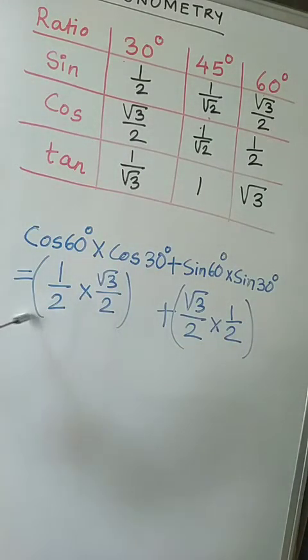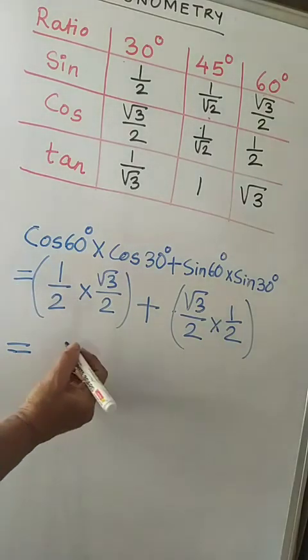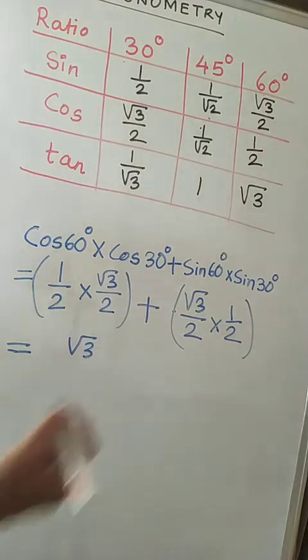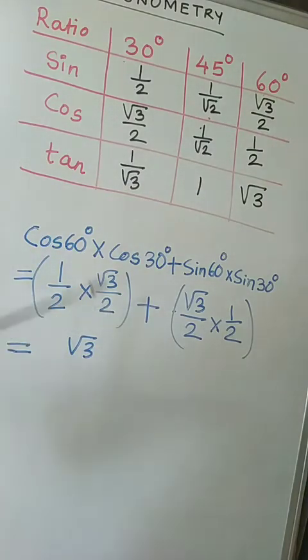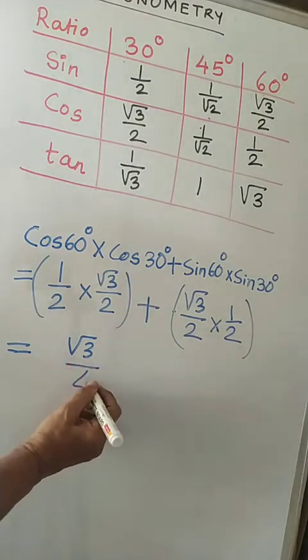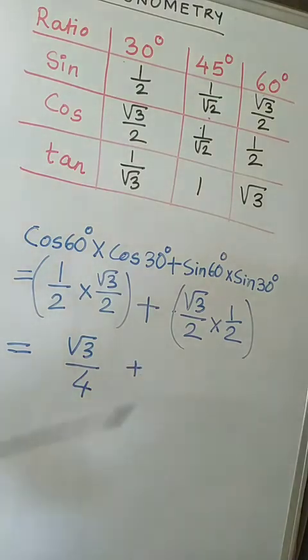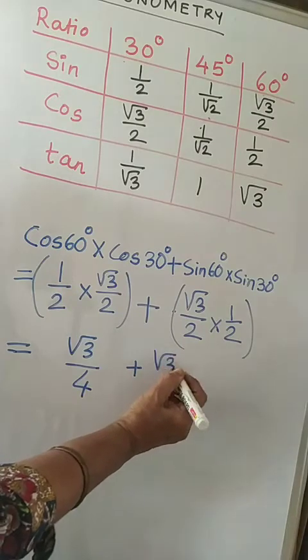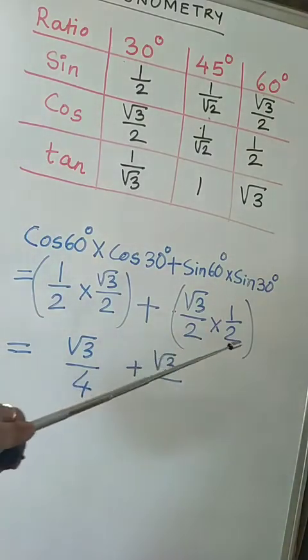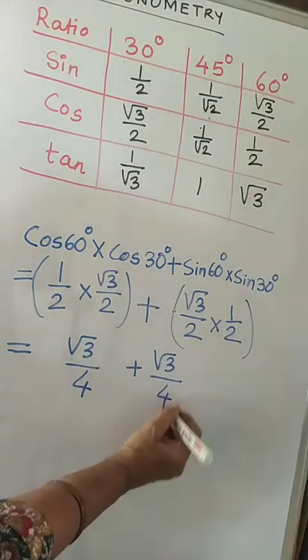So we have 2 brackets with plus sign in between. Now we will multiply numerators. 1 into root 3 gives us root 3 and 2 into 2 will give us 4, plus root 3 multiplied by 1, root 3 upon 2 into 2, 4.